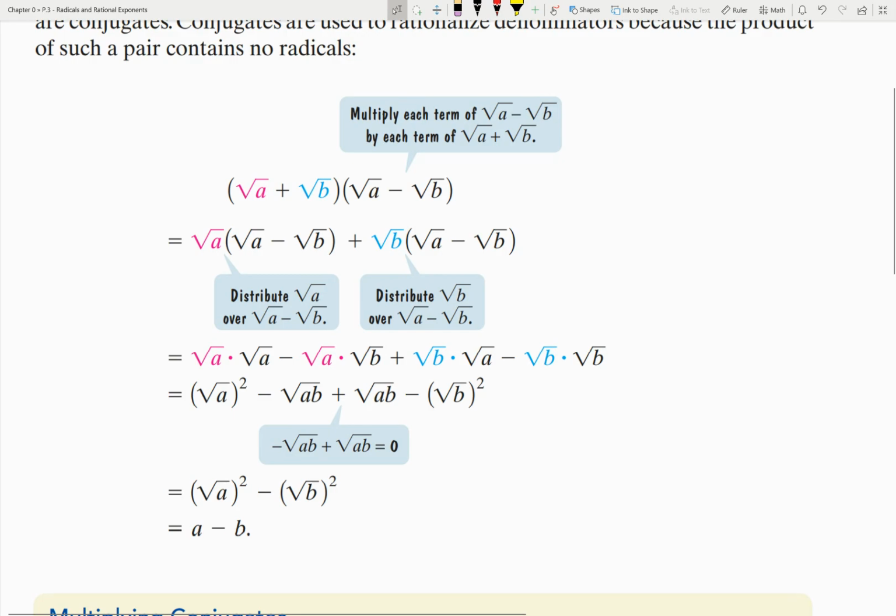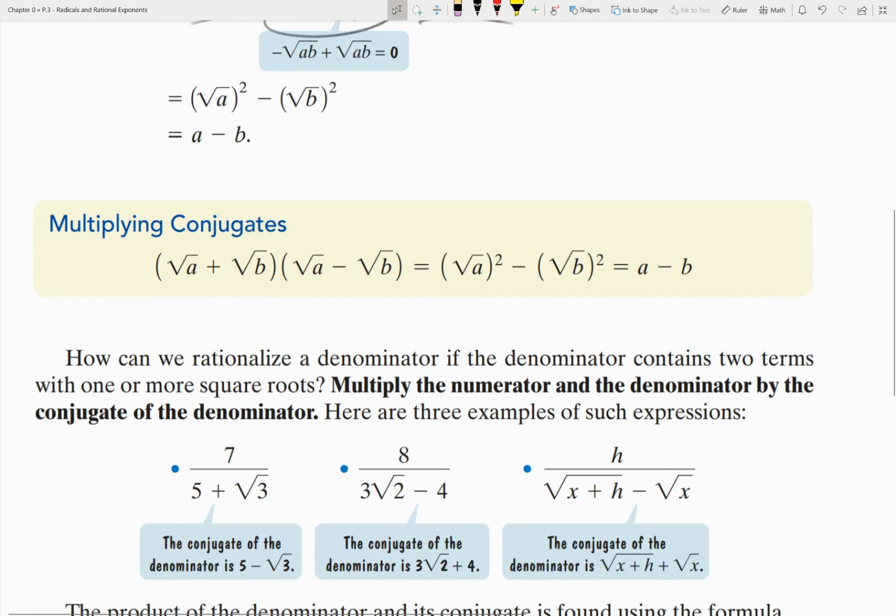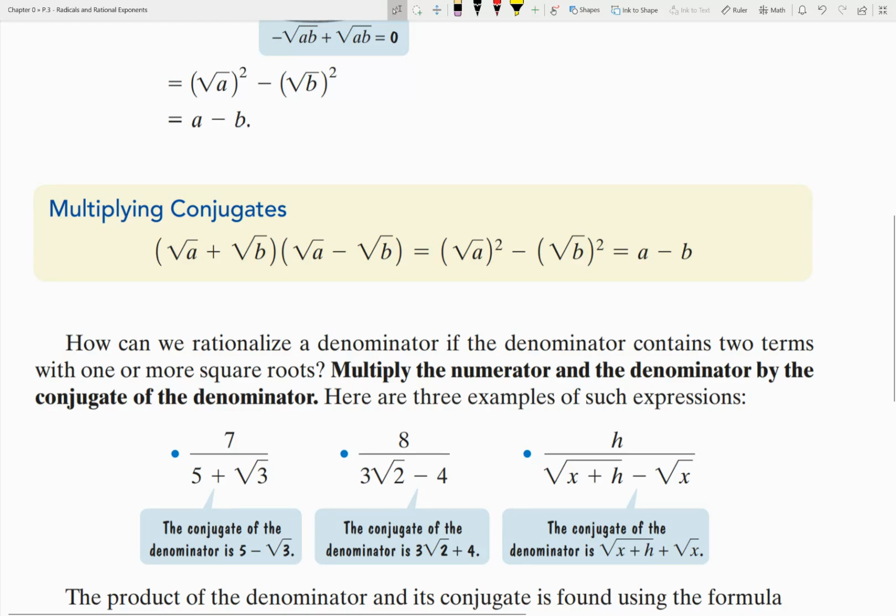By distributing the radical a to both of those and the radical b to both of those, we get the square root of a squared, a negative ab, a positive ab, and the square root of b squared. These two cancel out because they are opposites of each other. And when you square a radical, the radical goes away. So when we multiply two conjugates together, we're always going to get a minus b, which happens to be something without a radical.